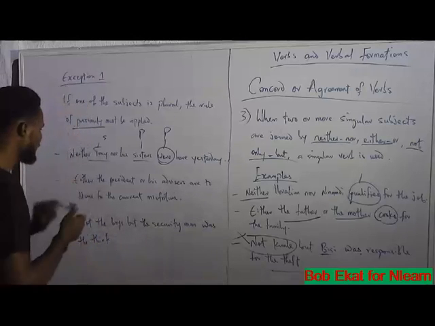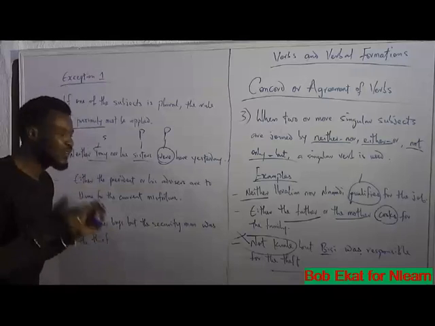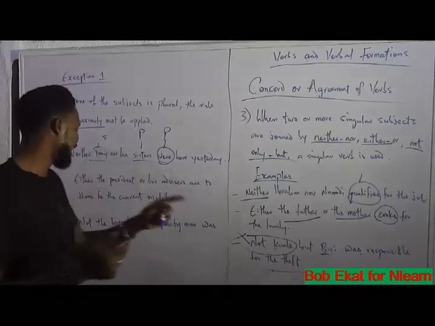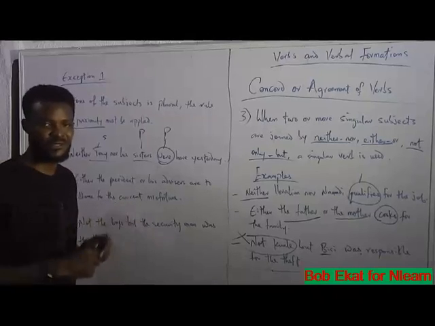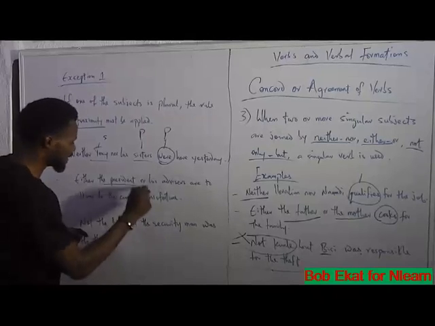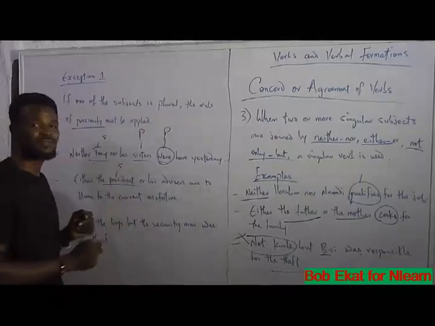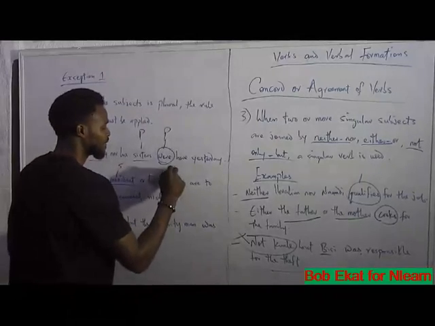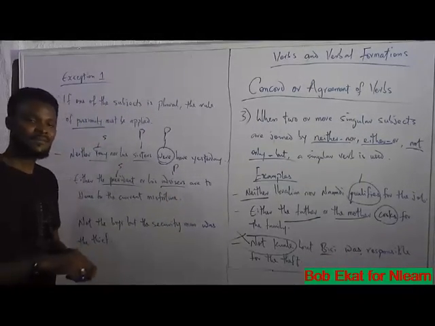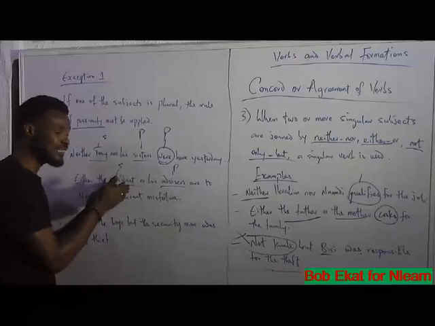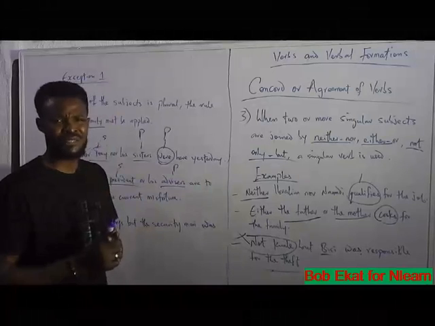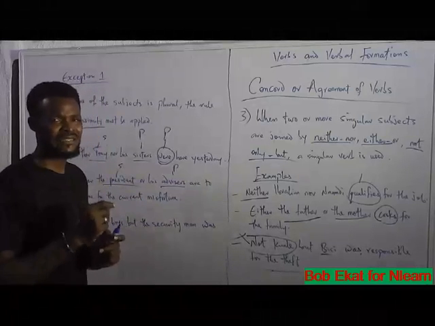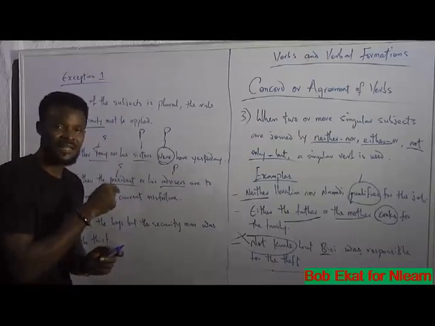Second example, either the president or his advisors are to blame for the current misfortune. Either the president here is singular, advisors plural. Either this, it means the president is to blame or the advisors are to blame. Applying the rule of proximity, which is closer to the verb?